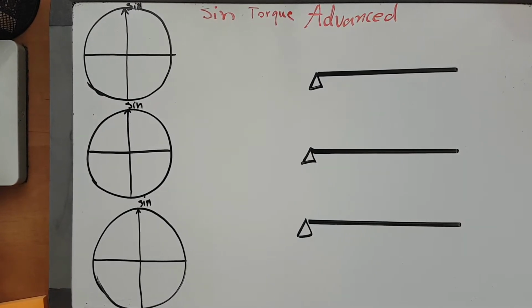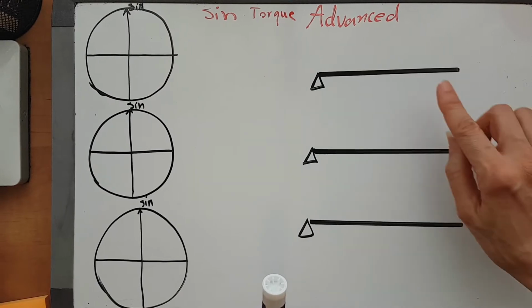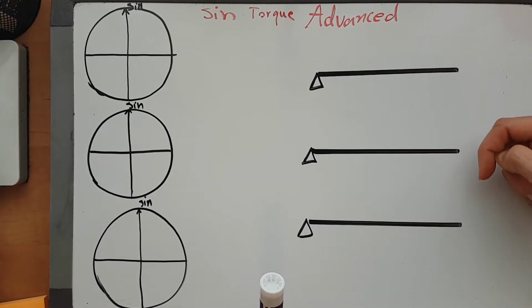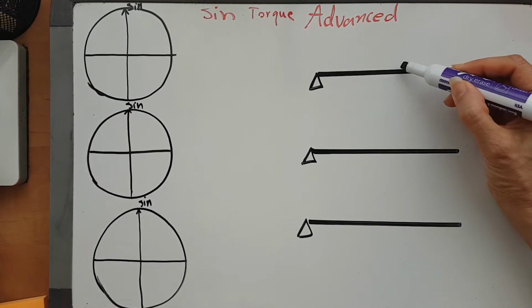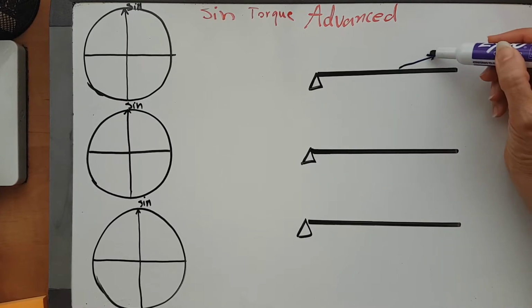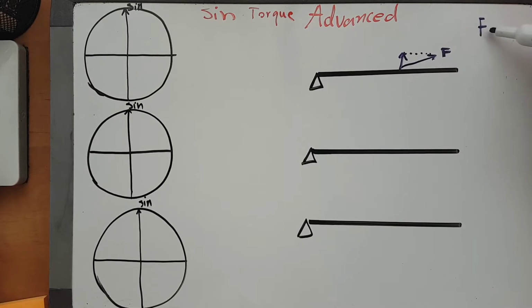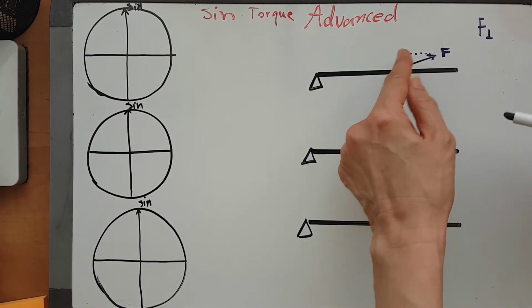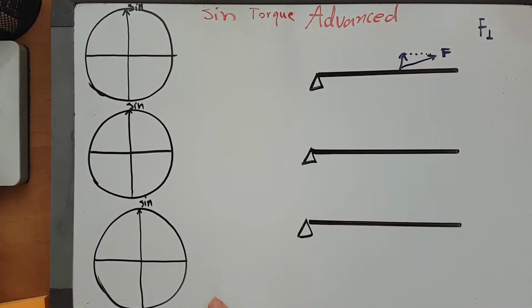We just explained that if a force is applied like this, it's going to create a torque, create rotation. Now if the force is applied at an angle like this, only the component of the force perpendicular to the lever arm is causing the torque.